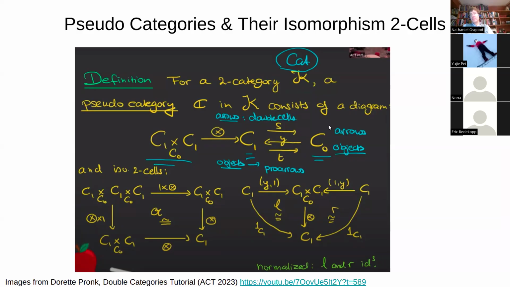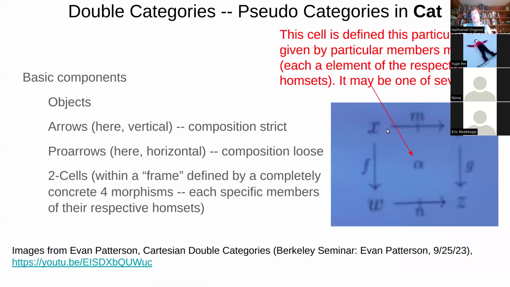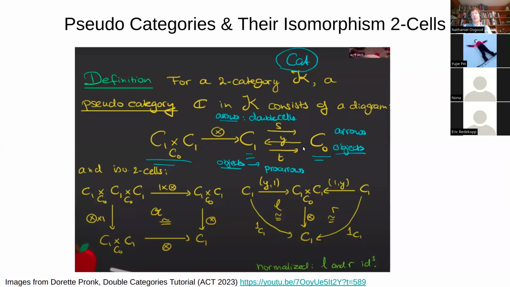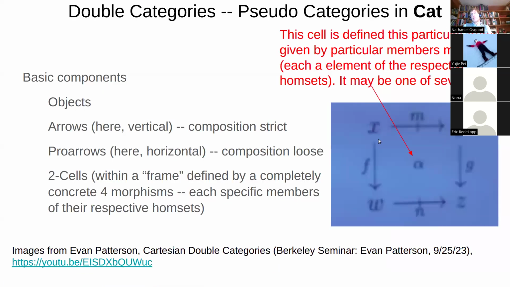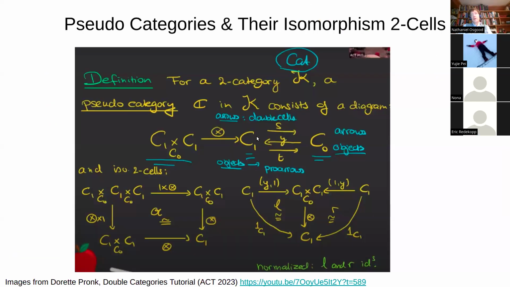Within each of these categories, you can compose. You can compose arrows like vertical arrows. If you have X to W and W to Z or W to A, you can end to end, you can compose them because they're in a category. You can compose double cells vertically because they're in a category. And those are strict, as Dürre-Pronk says, strict as can be.